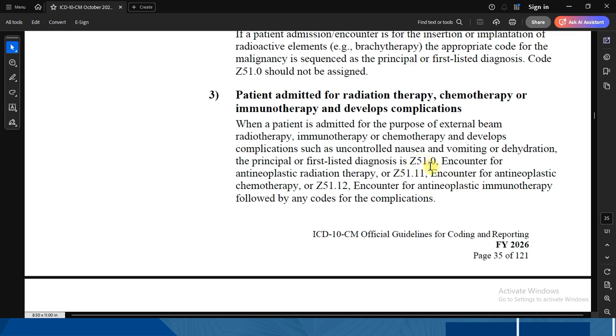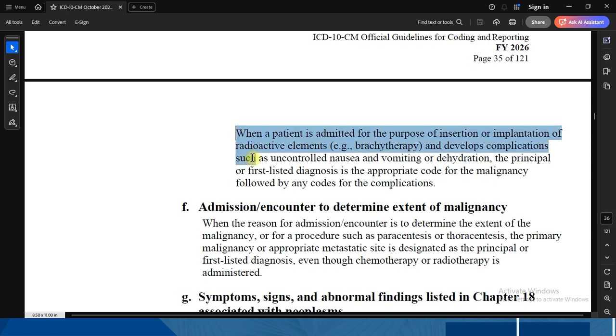After administration of this antineoplastic radiation therapy, the patient got nausea and vomiting or dehydration. How do we code? We will code Z51.0 for antineoplastic radiation therapy, and we will code all the symptom codes, and also we will code the breast cancer code.